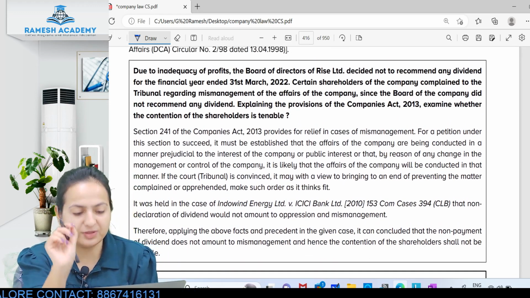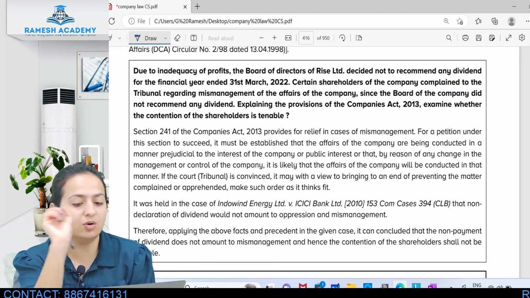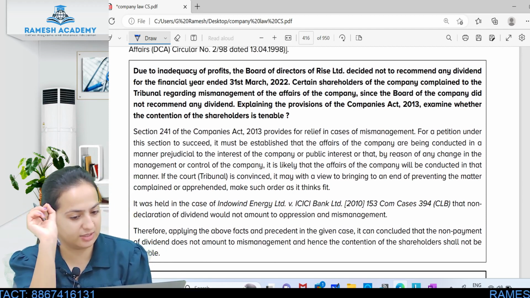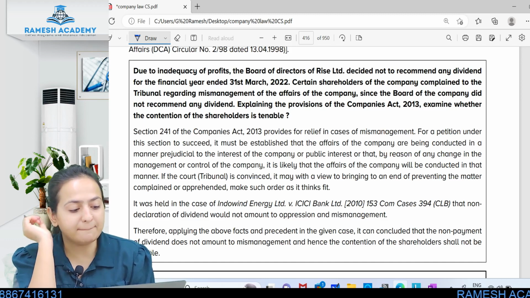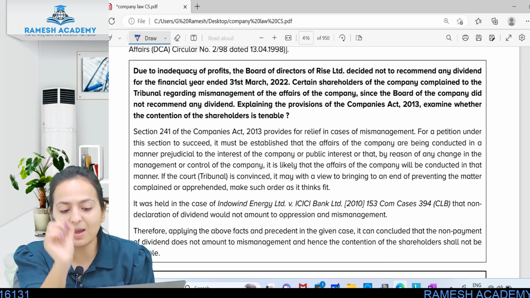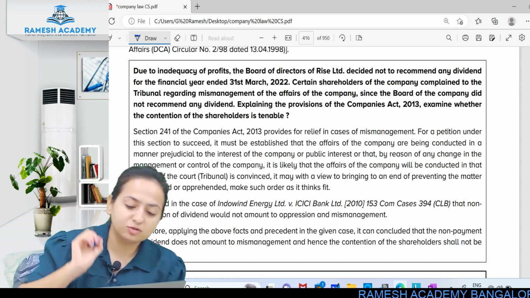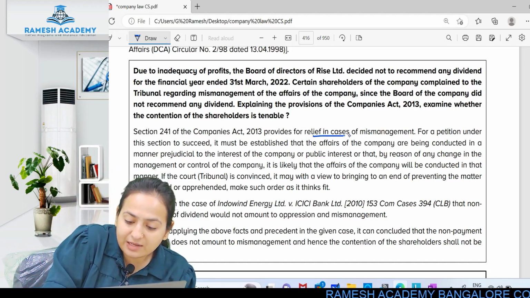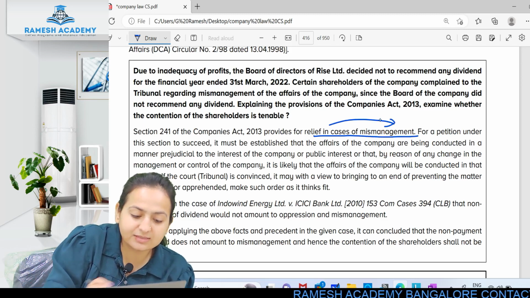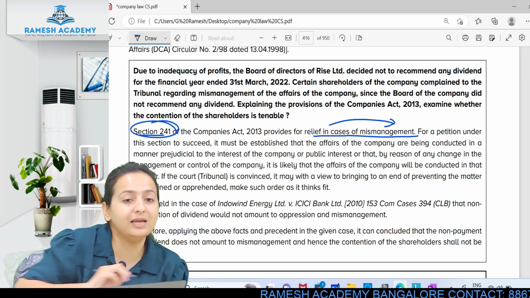Due to the inadequacy of profits, the BOD of Rice Limited decided not to recommend any dividend for the financial year. Certain shareholders complained to the tribunal regarding mismanagement since the board did not recommend any dividend. Relief in case of mismanagement is defined in section 241.